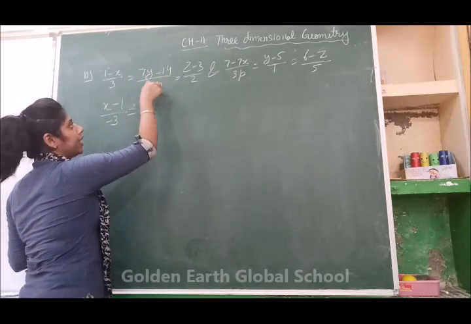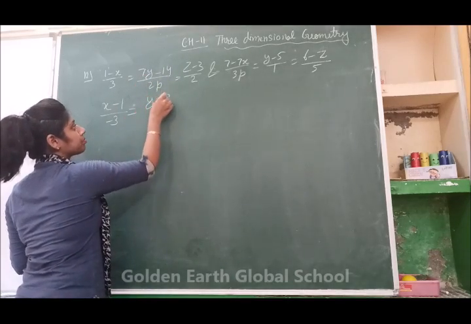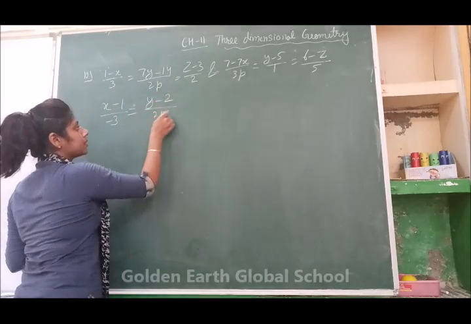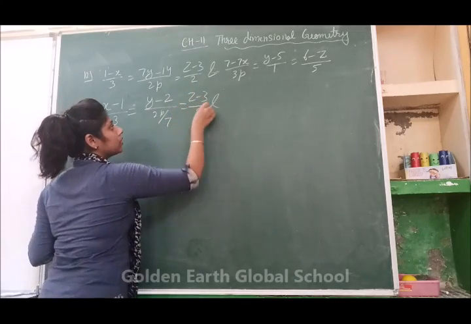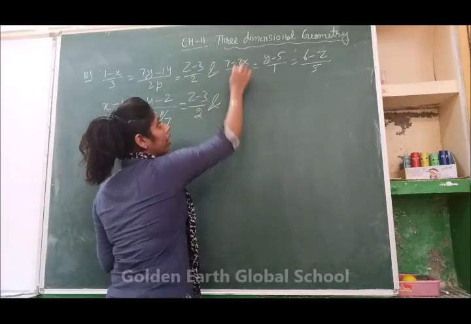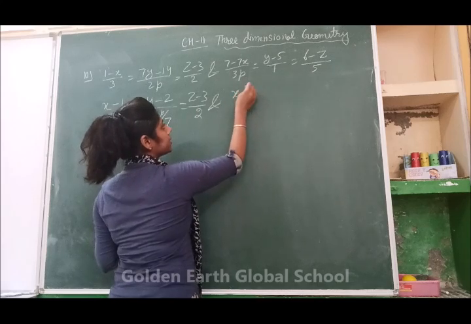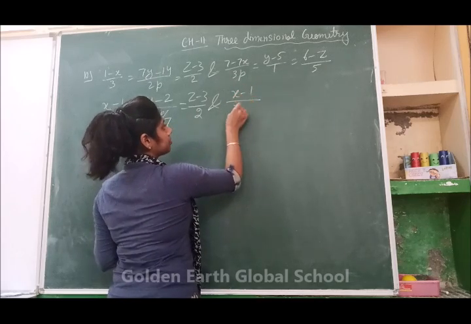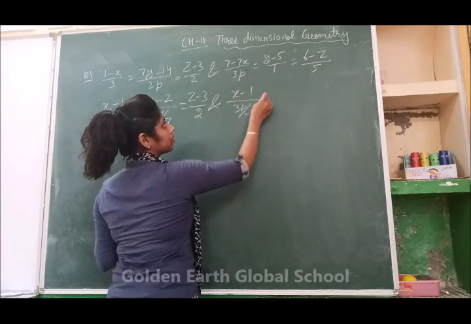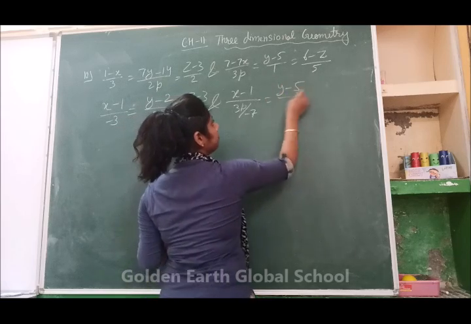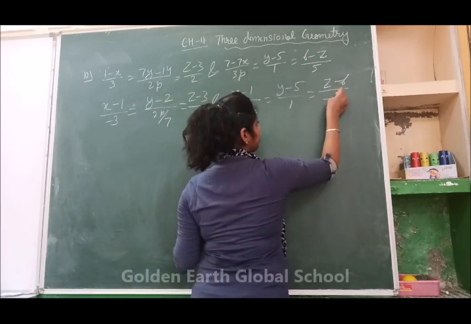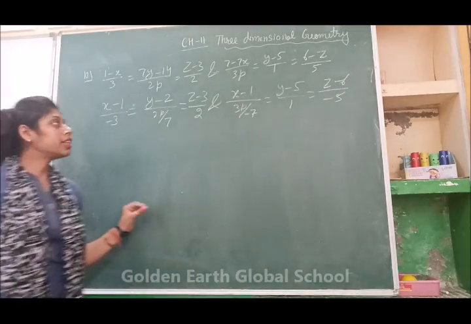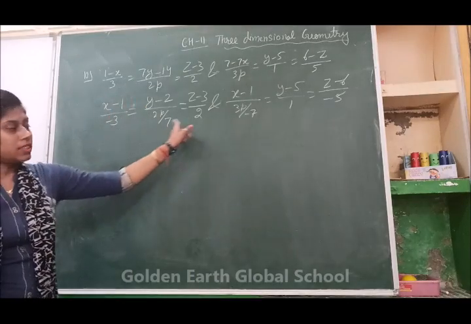So divide each term by 7. 2p by 7. This is already in standard form. Again you have to divide by minus 7. This is in standard form. Again divide it by minus 1. Clear? So see, the direction ratios are changed.